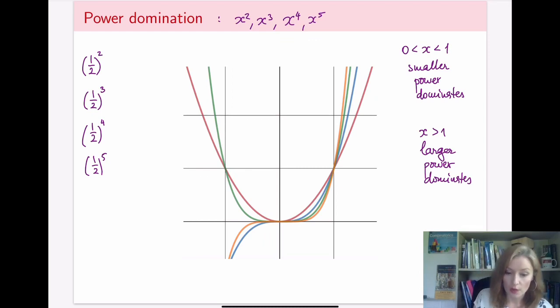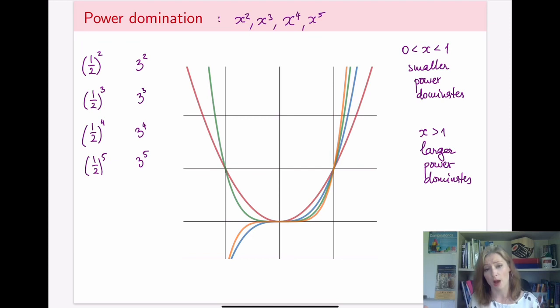So again, with the same idea in mind, try to plug in numbers like, just to be a little more interesting, 3 squared, 3 cubed, 3 to the 4th, 3 to the 5th. And notice that as the power grows, the value will grow, which is the opposite of what happens with a fraction that's less than 1.